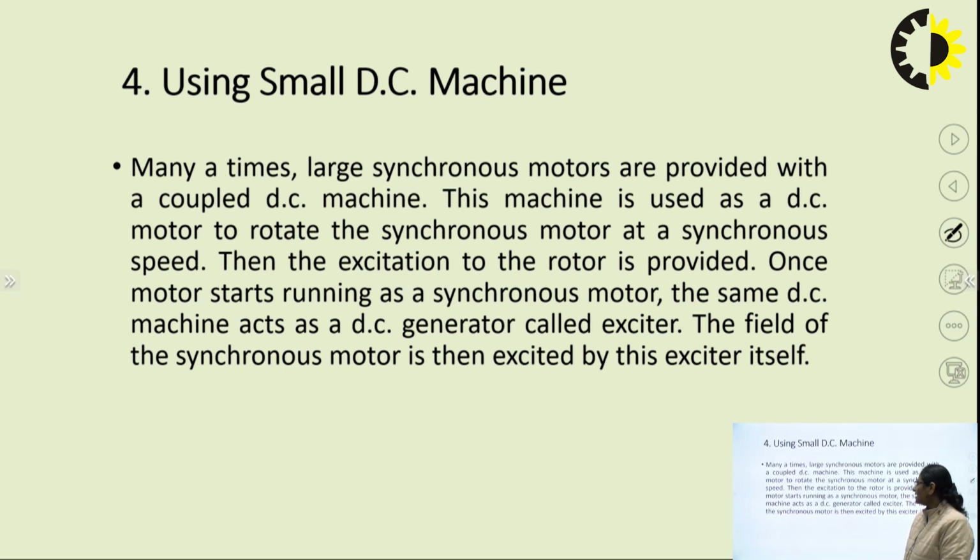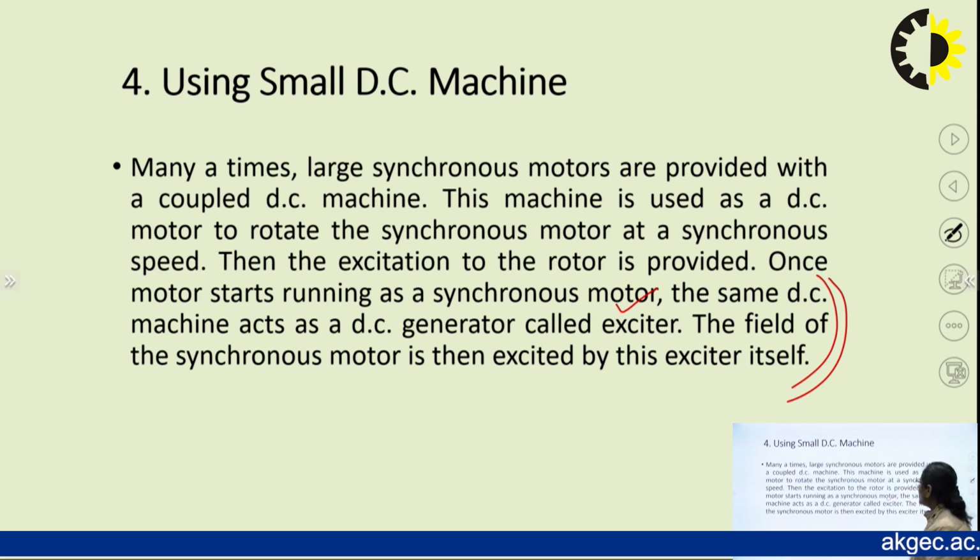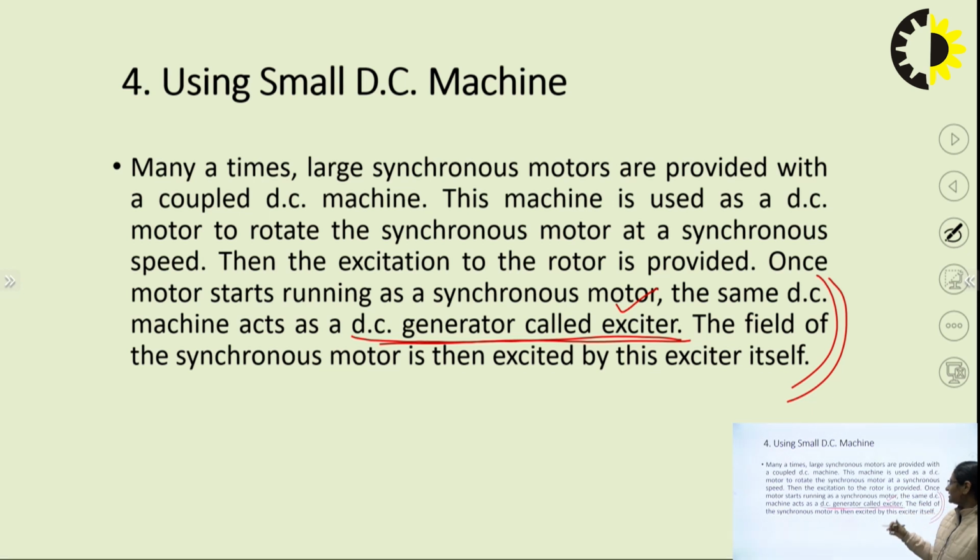Once the motor starts operating like a synchronous motor, the same DC machine which was acting as a starting machine for the motor is now operated like a DC generator, which is the exciter of the machine. The same generator provides DC supply to the field winding of the three-phase synchronous motor. So, these were the four methods of starting a three-phase synchronous motor.